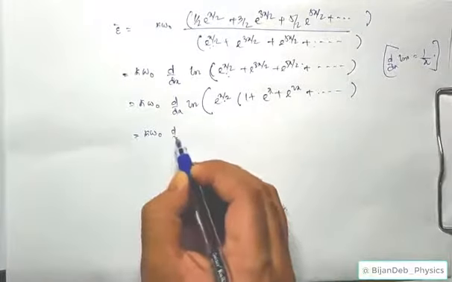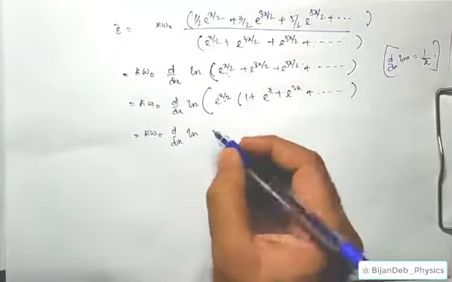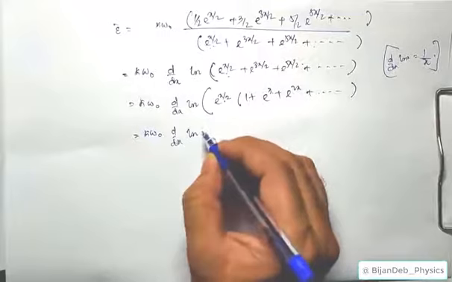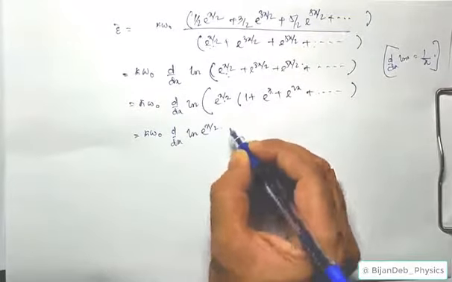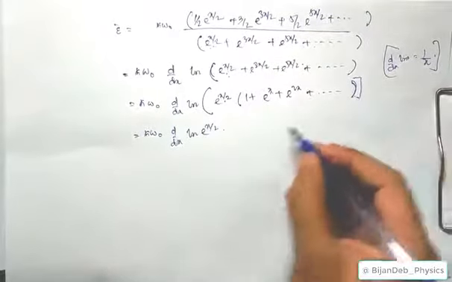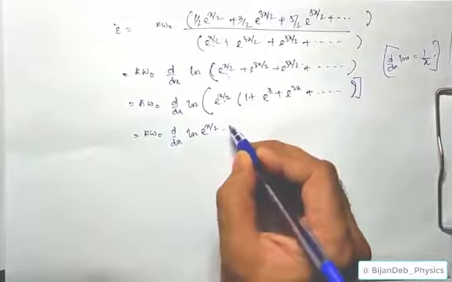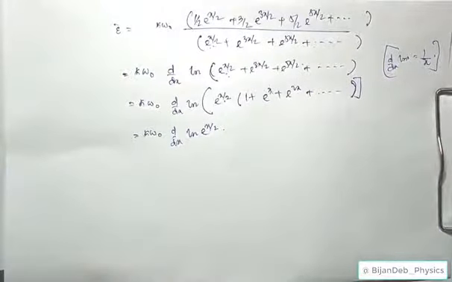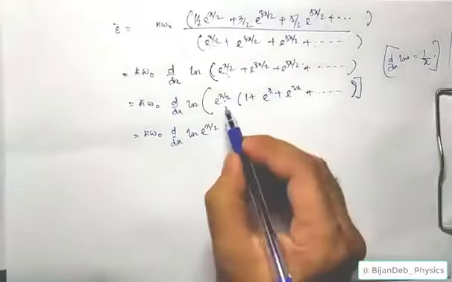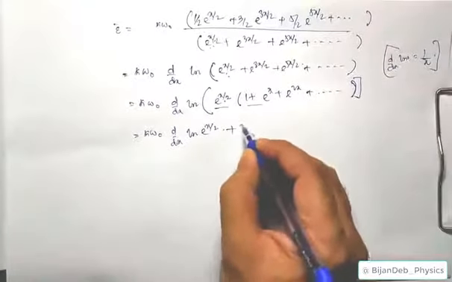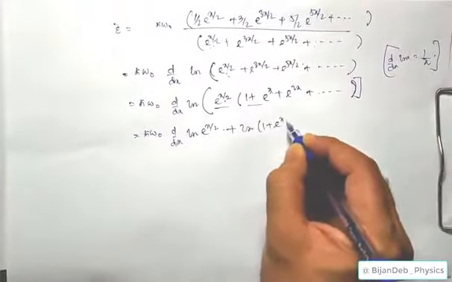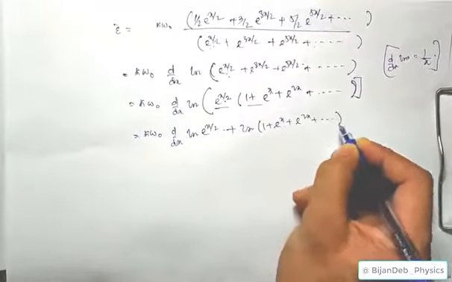So now this will be again d/dx of ln e to the power x by 2 into, this is a two terms factor, so ln of a into b. If you have ln a into b, so ln plus ln of 1 plus e to the power x plus e to the power 2x like this.